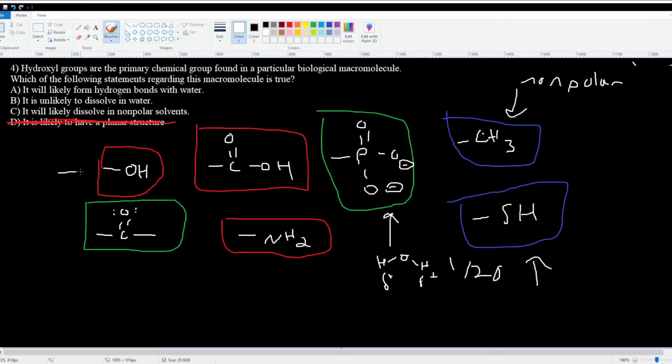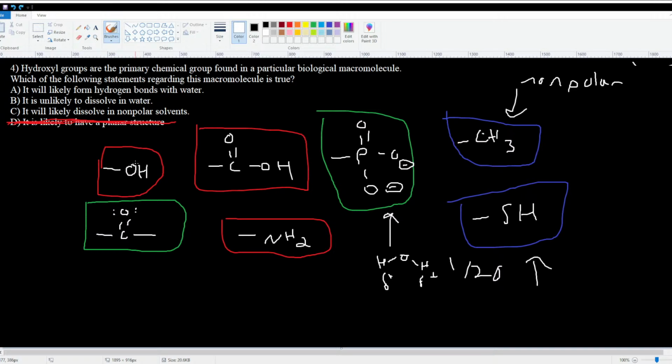So what's next? Hydroxyl, right? When we're talking about hydroxyl, what is it? It's an OH, right? Hydroxyl can also be known as an alcohol, and hydroxyl and alcohol can be used interchangeably. They mean the same thing. But for the purposes of this class, we call it a hydroxyl. So what's a hydroxyl?